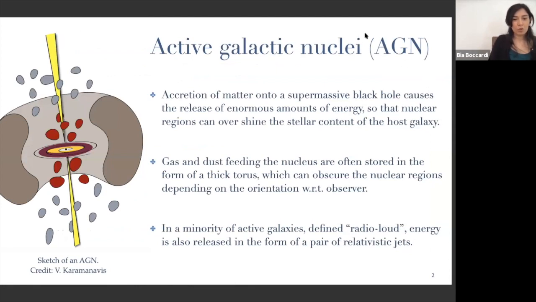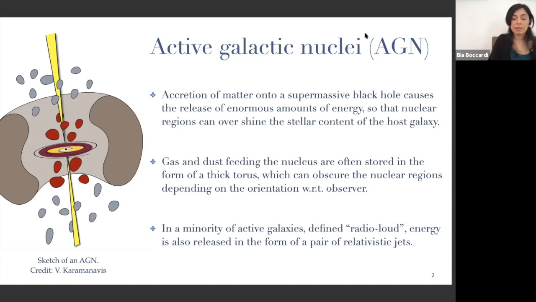So first of all, my research focuses on active galactic nuclei. As you know, all galaxies harbor a supermassive black hole at their center with mass of about 10^6 to 10^10 solar masses. But a percentage of galaxies is special, we call them active, because they harbor at the center an active galactic nucleus.